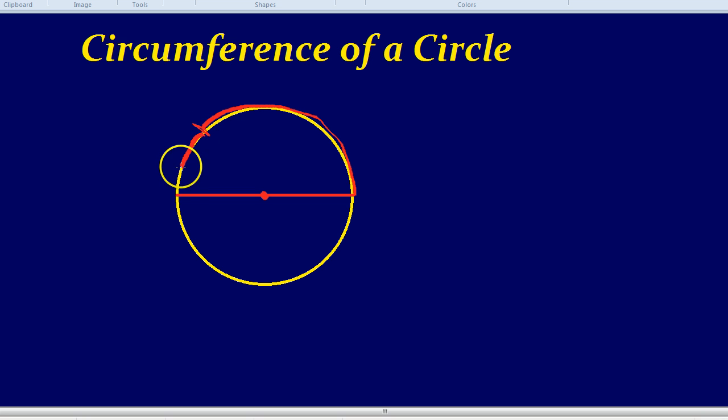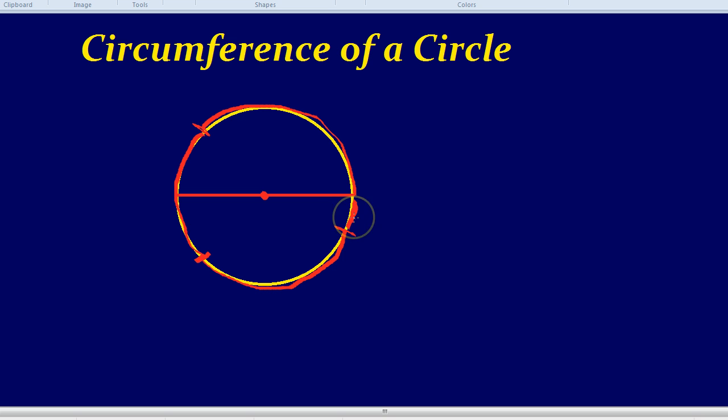There's the diameter again, and it would fit round to about here, I'd say. And then another diameter would go round to perhaps about here. So it's 3 times. The diameter would fit round 3 times and a bit more.